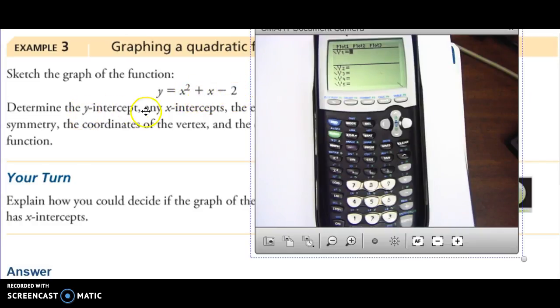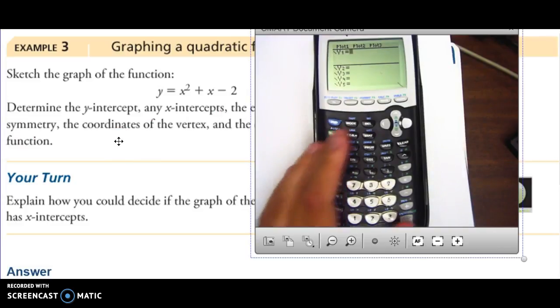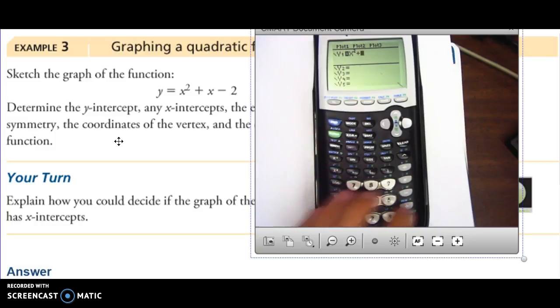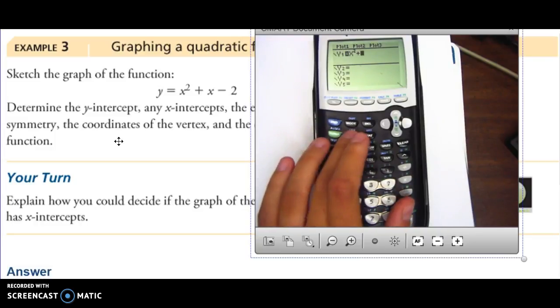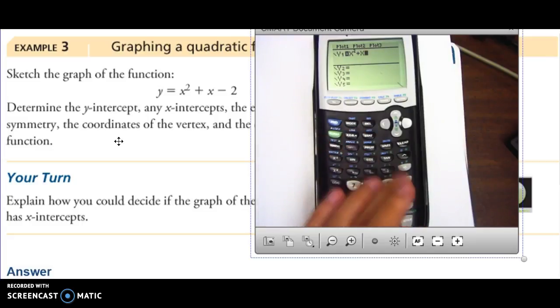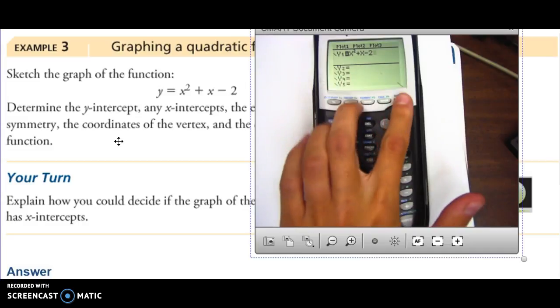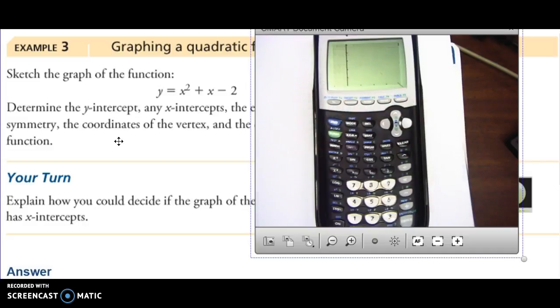We want to find the y-intercept, the x-intercept, the axis of symmetry, the vertex, and the domain and range. First I will hit x with my squared button, plus another x, subtract 2. Then I'll go up to the top button and hit graph.